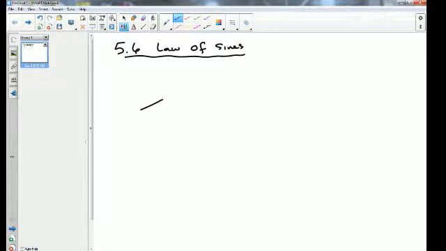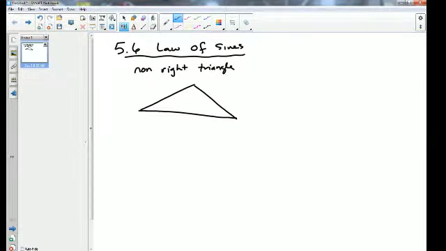So let's say you have a non-right triangle there, right? And we'll just name it our arbitrary ABC because that's what the book does.